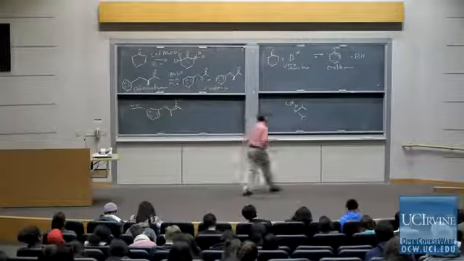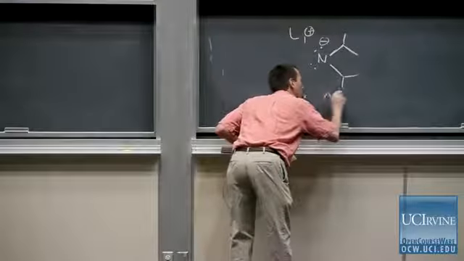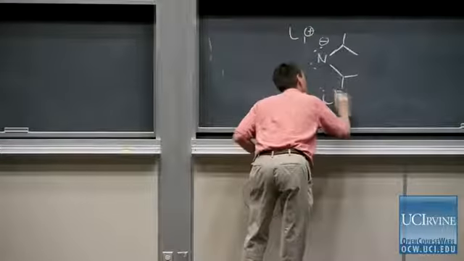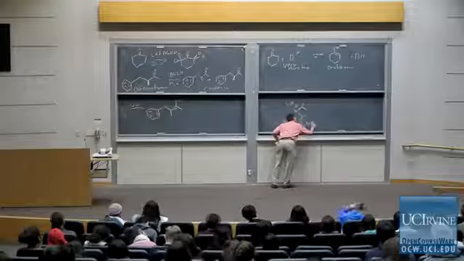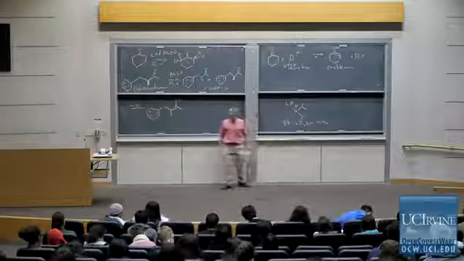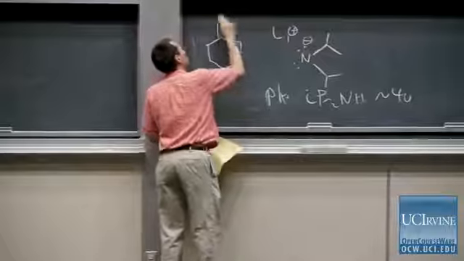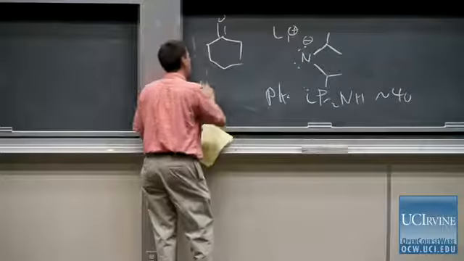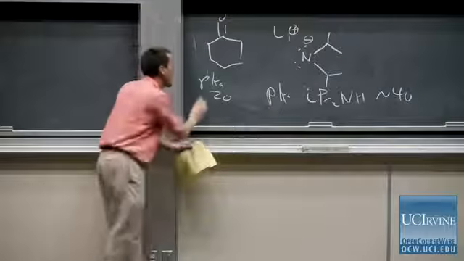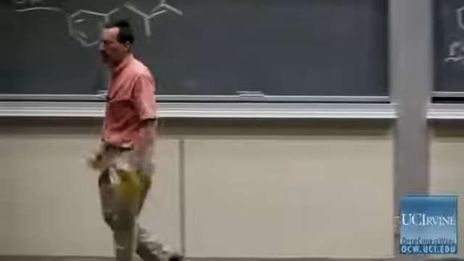The pKa of the conjugate acid, the pKa for diisopropylamine, (iPr)2NH, is approximately 40. Remember, we're comparing, I said if you want to keep one number in your head, keep 20. For the pKa of a ketone, that's actually the pKa of cyclohexanone to within a unit. But again, just keep that number in your mind.